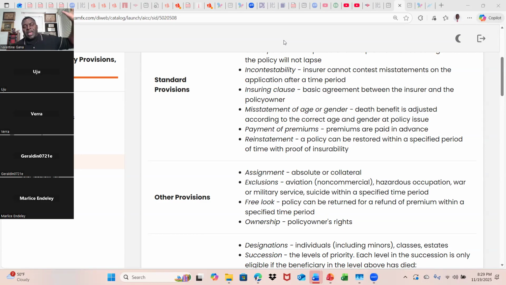On the side of the insurance company, you see the insurance company being referred to as the insurer. On the part of the insurer, consideration is the promise to pay when there's a loss.